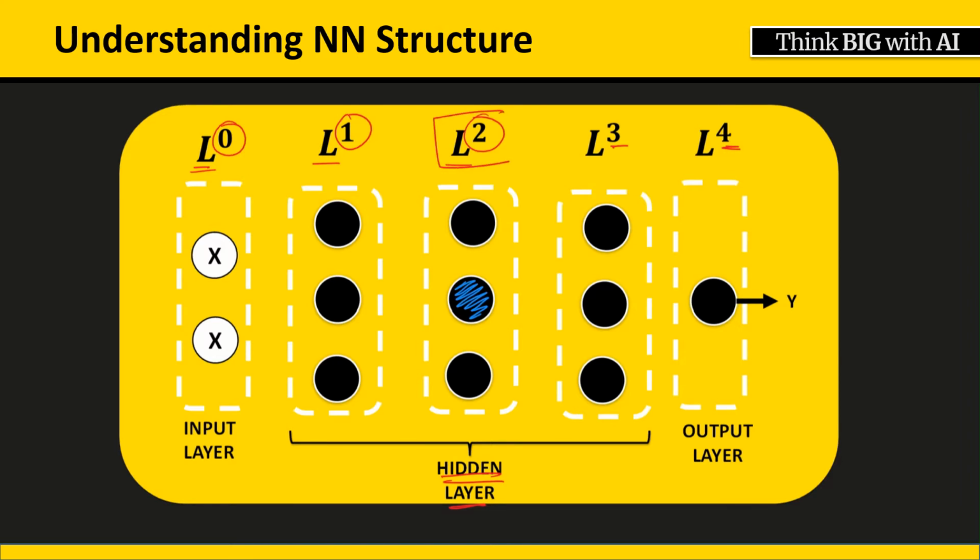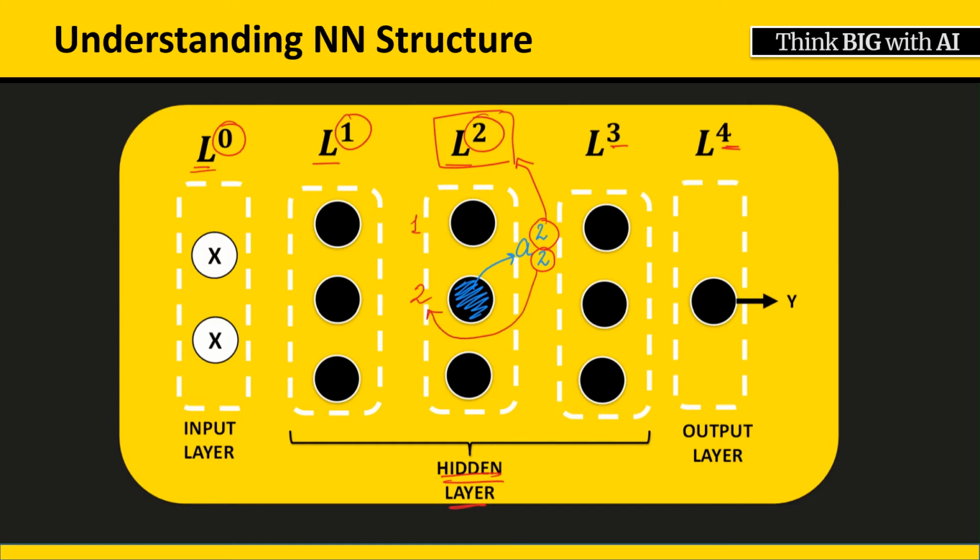It is in layer 2, and inside layer 2, this node is at location 2. So you can uniquely identify this node as A2,2. What does A signify? That we will look at separately. But this first 2 is for the layer and this second 2 is for the location in the layer.